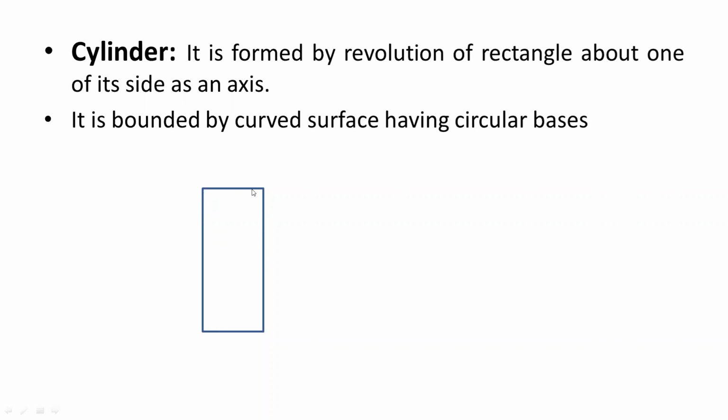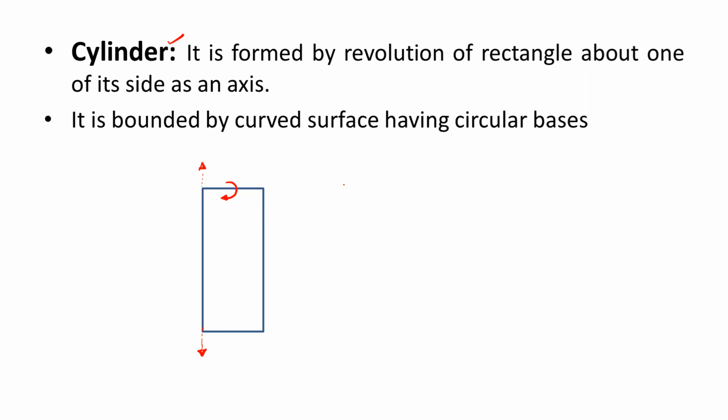So if you take the rectangle and revolve this rectangle about one of its sides as an axis, then you can get the cylinder. So if I take this side as the axis, and if you revolve this rectangle in this direction, then after one complete revolution, we will get the cylinder as a solid geometry.